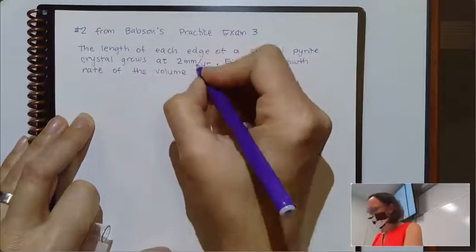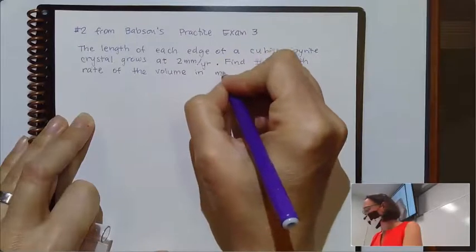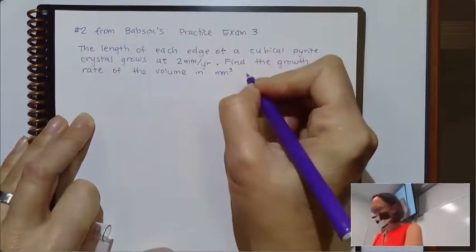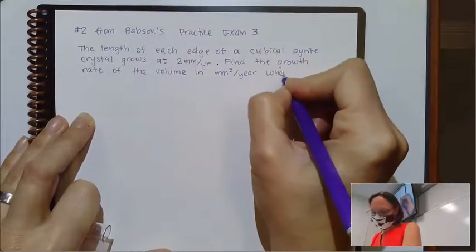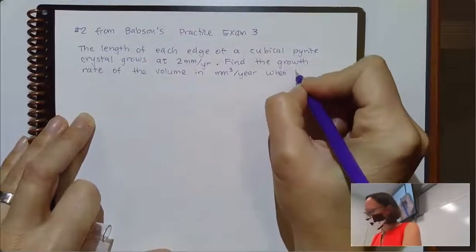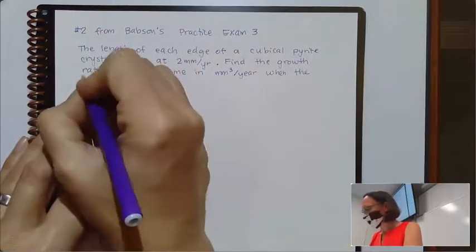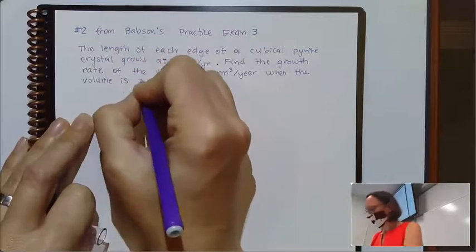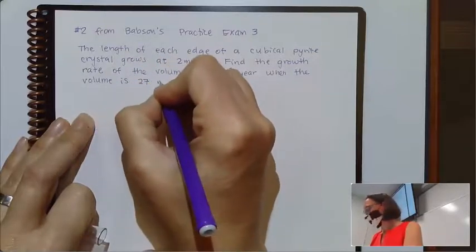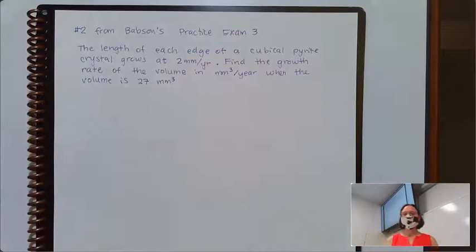The volume in millimeters cubed per year, when the volume of the crystal is 27 cubic millimeters. Okay, why do I know it's a related rates problem? Because I've got rates that are something per unit time.